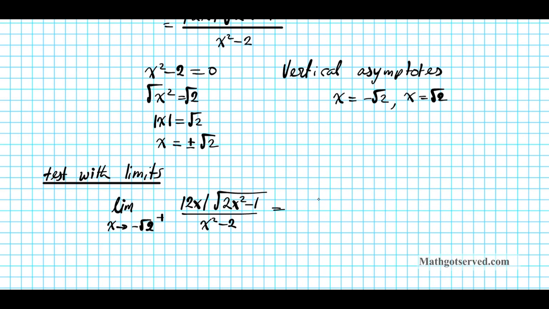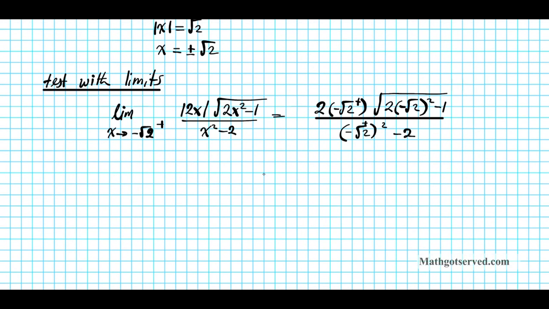We're going to have 2 times negative root 2 from the right times the square root of 2 times negative root 2 squared minus 1. And this whole story divided by negative root 2 from the right squared minus 2.